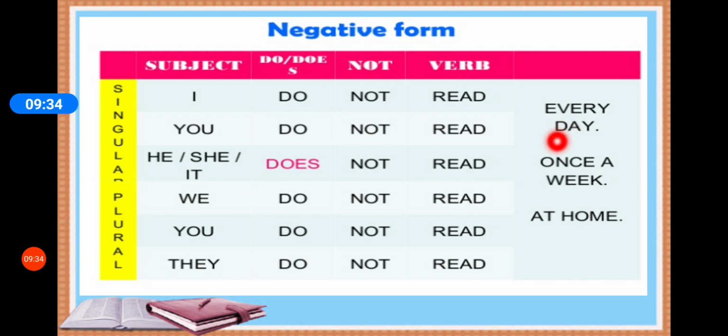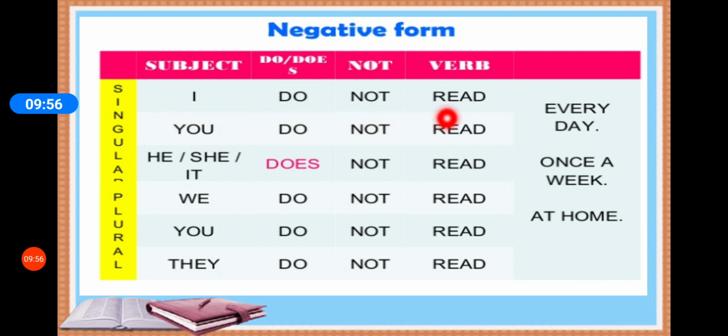Children, again the rule remains the same, that with I, you, we and they, we are going to make use of do, and with he, she, it and singular nouns, we'll make use of does. Let me read out these sentences for you.